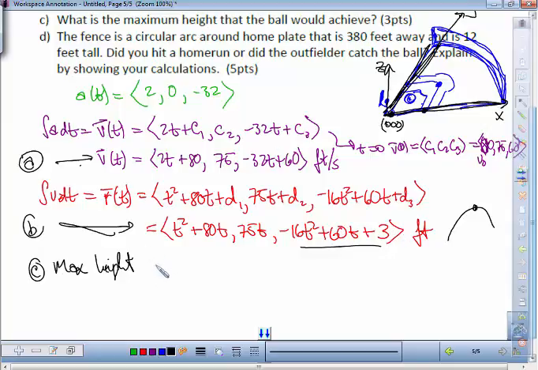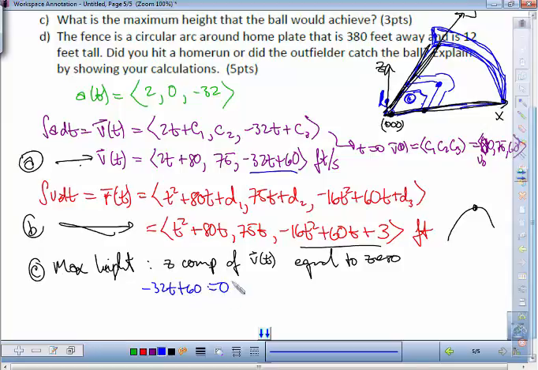So the max height, z component of the velocity equal to 0. Okay, so we'll take our z component of the velocity, negative 32t plus 60, set that equal to 0.